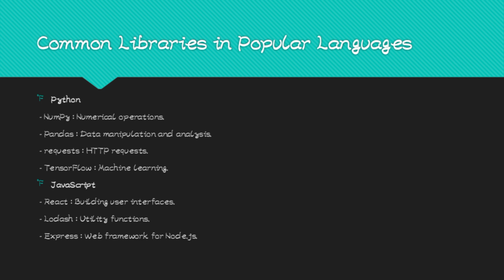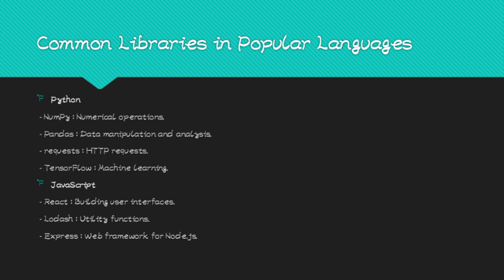Then we have Pandas, used for data manipulation and analysis. We have Requests, used for hypertext transfer protocol requests, so in case you are sending a request, you have to use Requests. Then TensorFlow, used in machine learning to teach a machine what to do. If you are training a model, you can use the TensorFlow library.